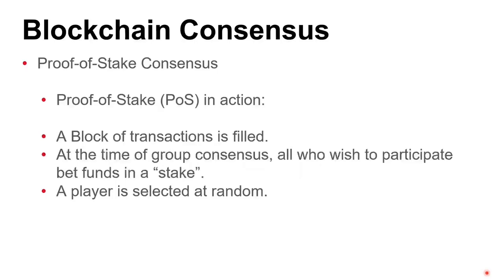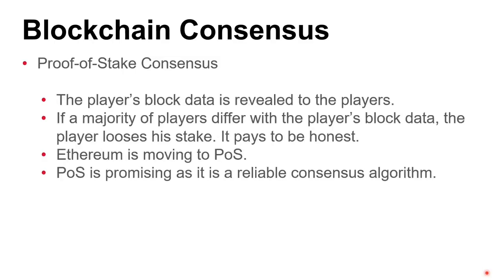So the action here: a block is filled, and at the time of the group consensus, all who wish to participate in the group consensus essentially stake or bet their funds. And a player is selected at random. So out of maybe 25 of us, one person gets to reveal his or her block with the validated transactions.